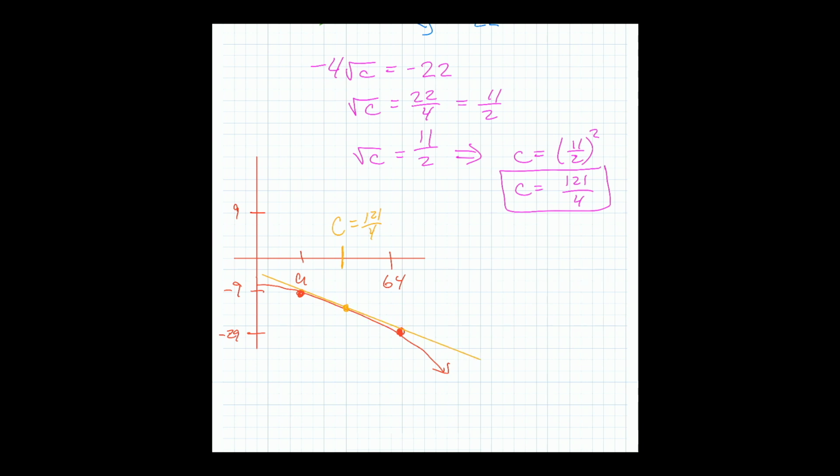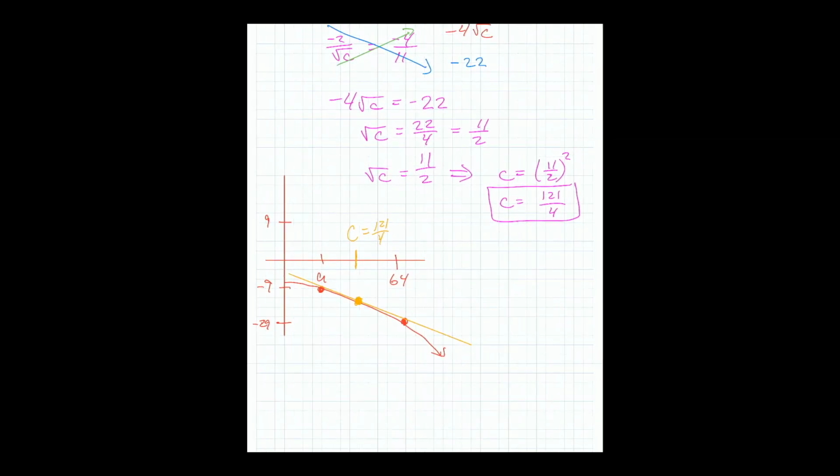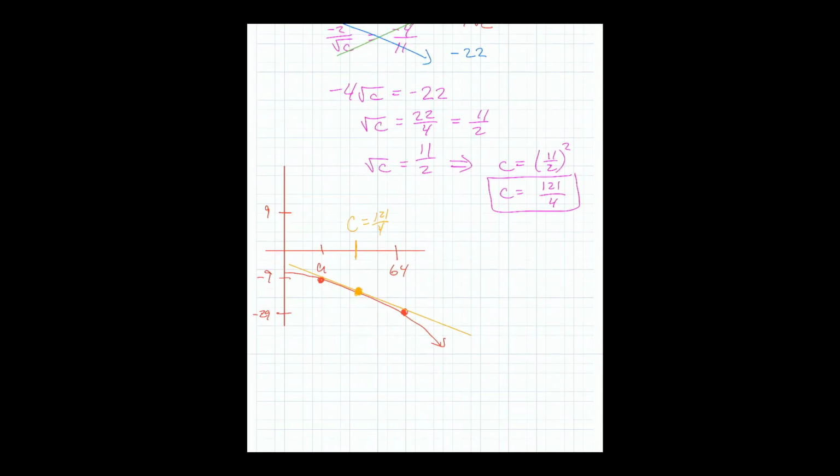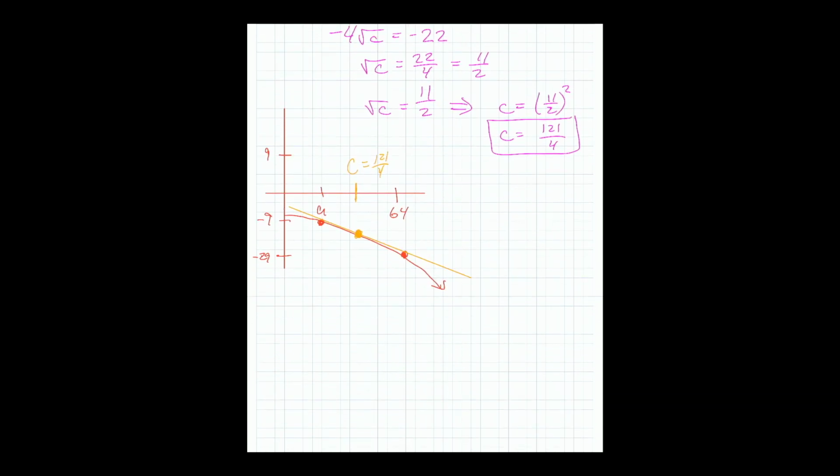So like at C, the derivative should be the same as the slope between the two red dots, if we drew it right. I didn't really draw it right. But yeah, you can do it all algebraically.